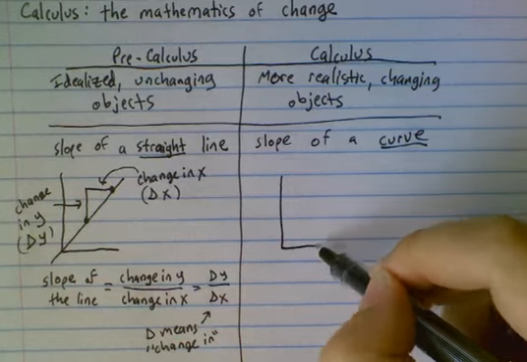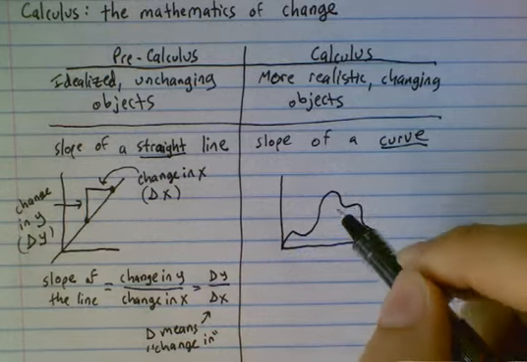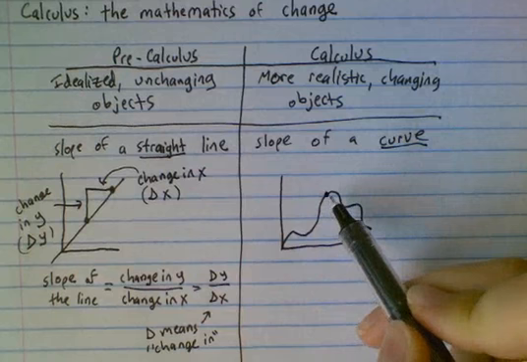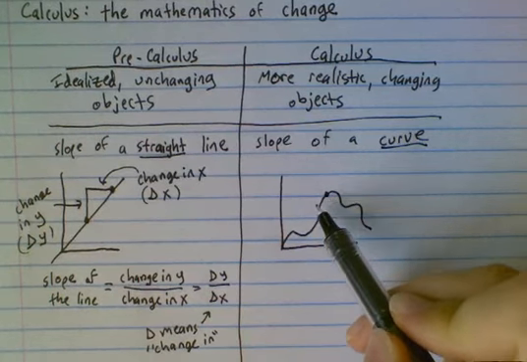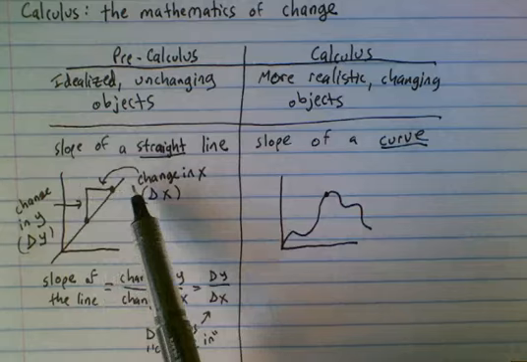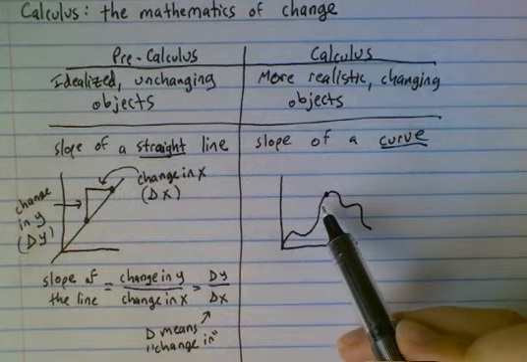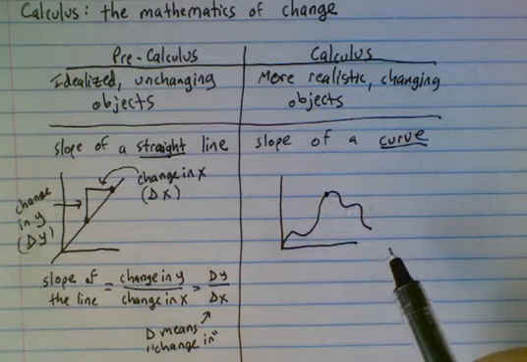So for example, imagine we have something like this. At this point right here, we're trying to figure out what the slope of the curve is. And we can't do change in y, change in x the same way we did here because we can see that this is curved. The slope is changing as we go along the curve.